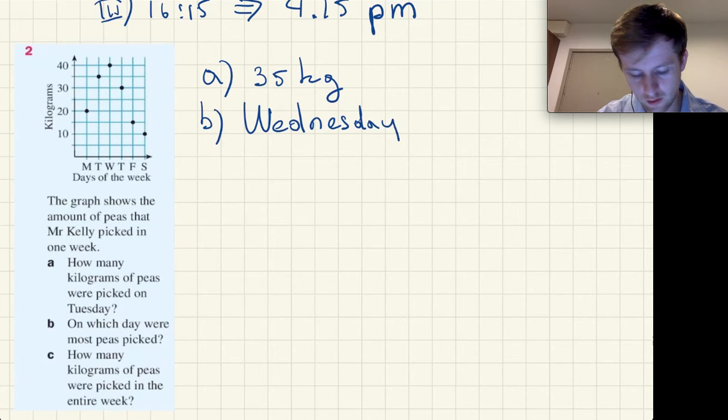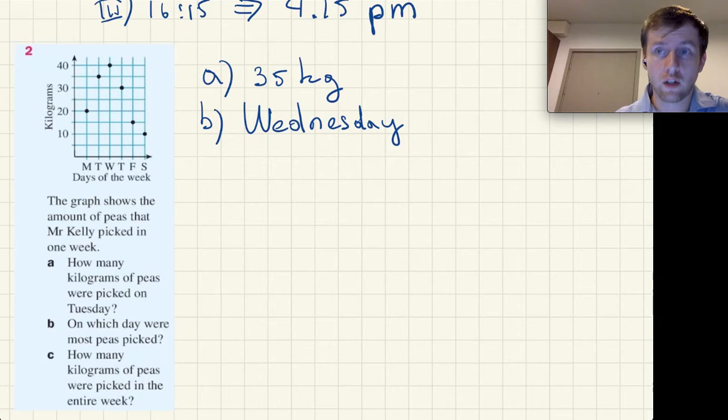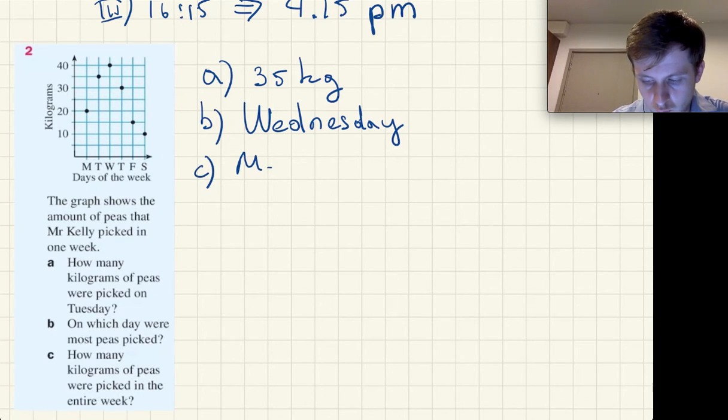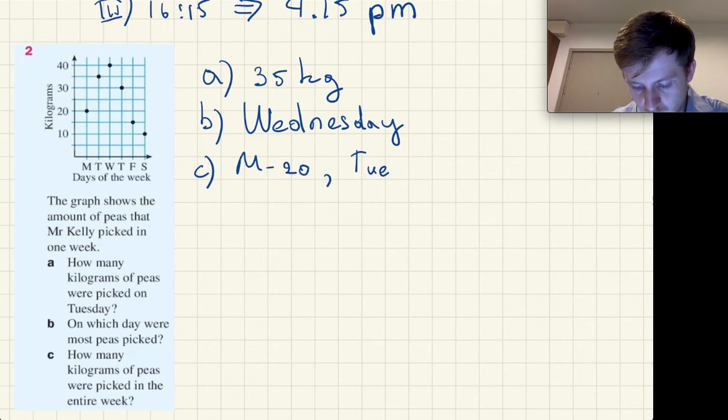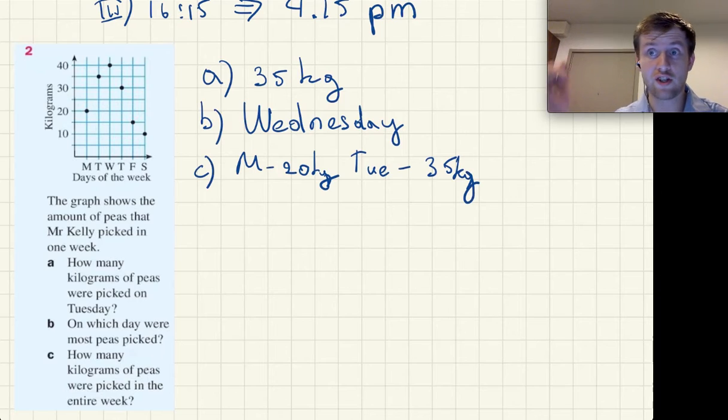And how many kilograms of peas were picked in the entire week? So we find on Monday it was 20 kilograms. Tuesday it was 35. Don't forget to write the unit, which I just did.